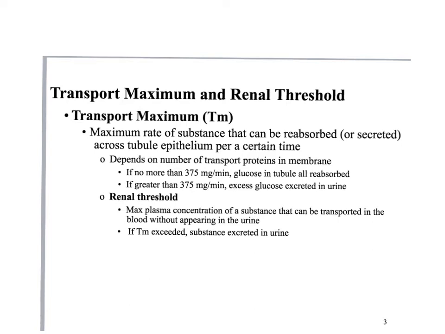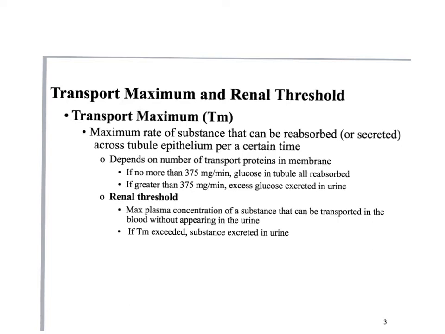Because this is regulated by proteins and the ability of proteins to move materials from one side to another, there's a certain point where the substance can't go any faster, or so much can be moved. So transport maximum is the maximum rate of a substance that can be reabsorbed or secreted across the tubule epithelium in a period of time.